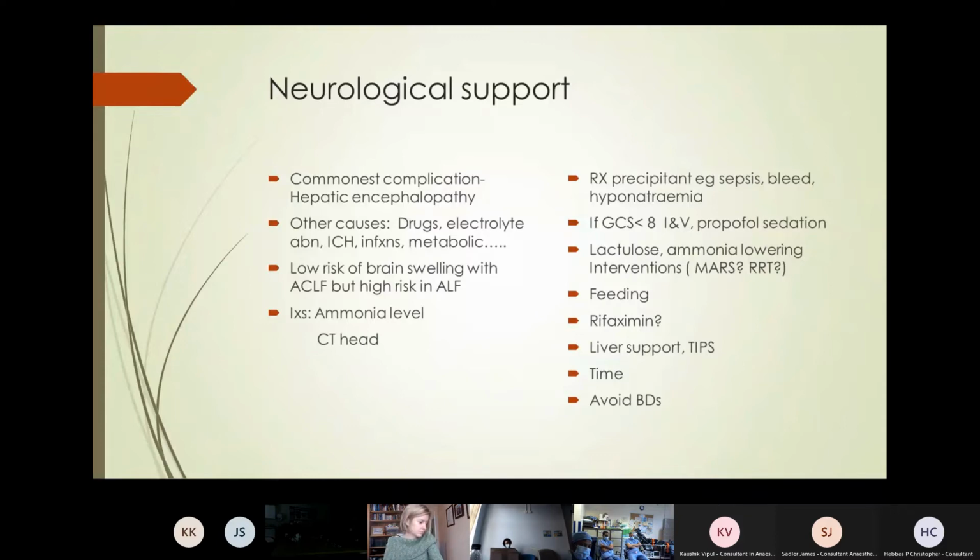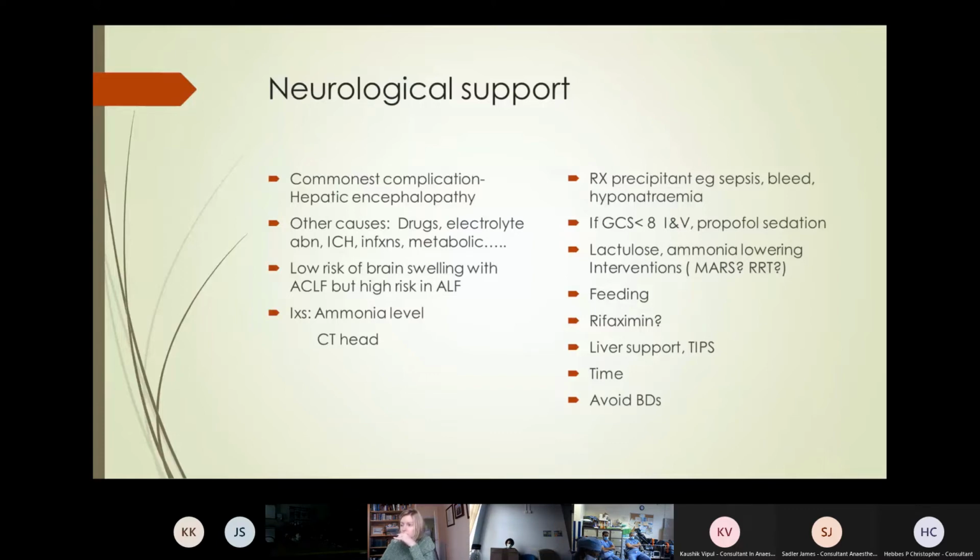Drugs, electrolyte abnormalities. Remember that these patients come in with hyponatremia, and hyponatremia is associated with poor prognosis. Infections and metabolic imbalances. Patients with acute on chronic liver failure are at lower risk of brain swelling compared to acute liver failure.